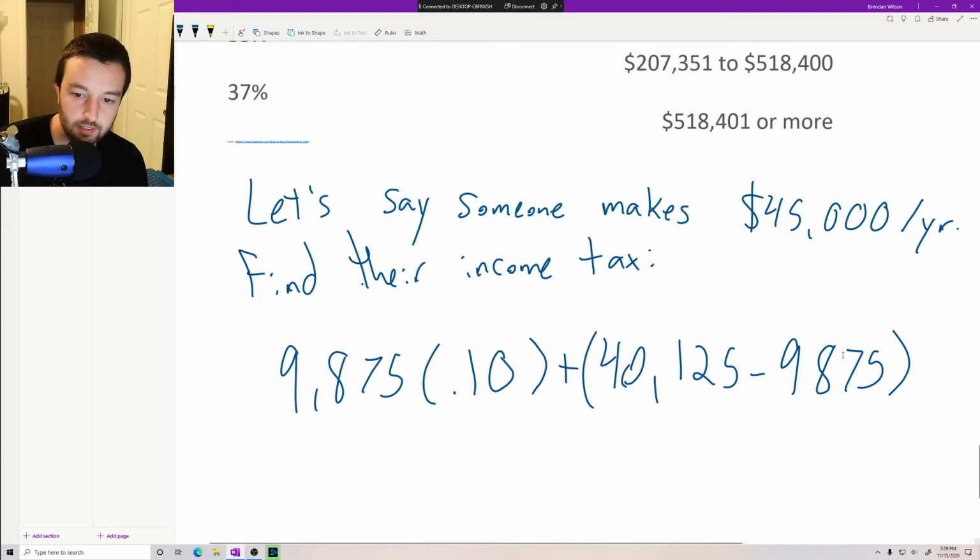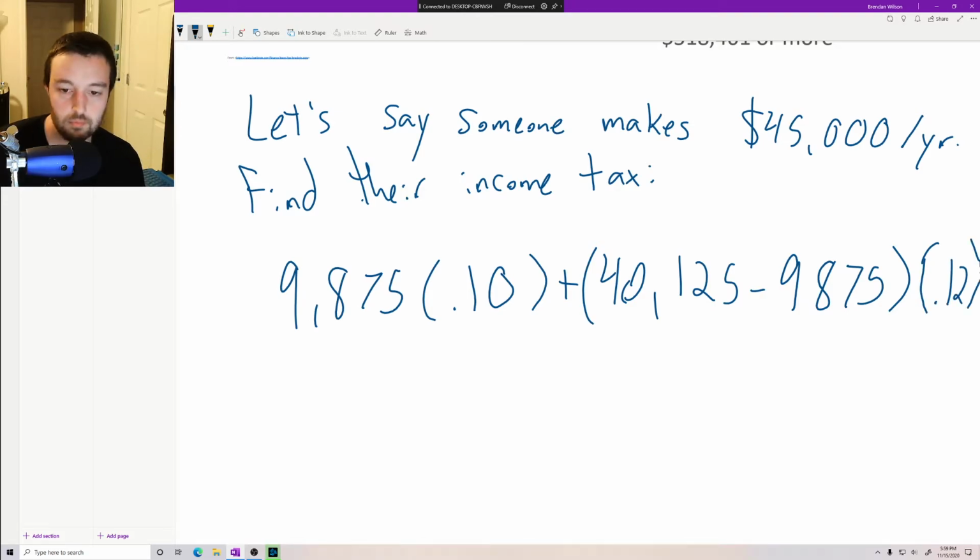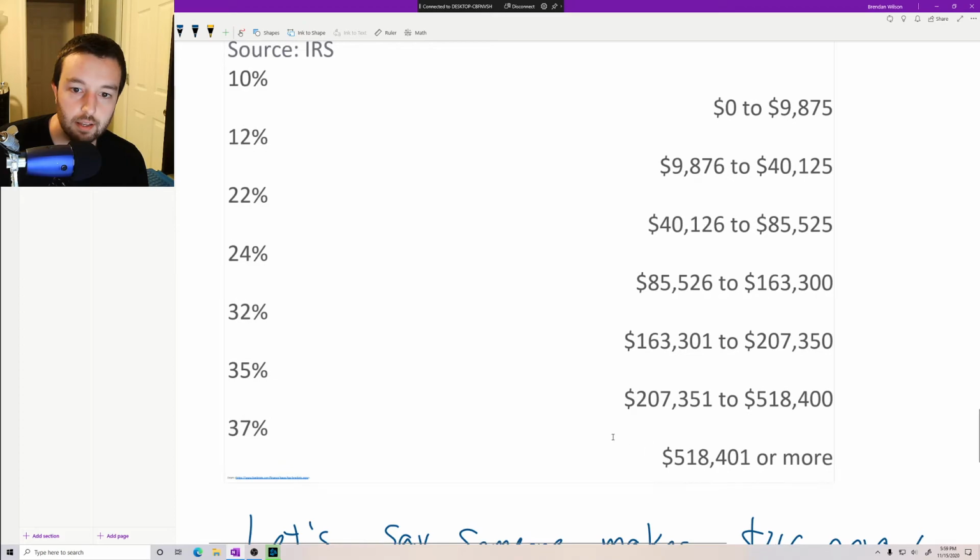Okay, so we subtract off the first number because we already accounted for the first $9,875. So whatever this number is times 12%, 0.12. And then finally, we're going up to 45,000.